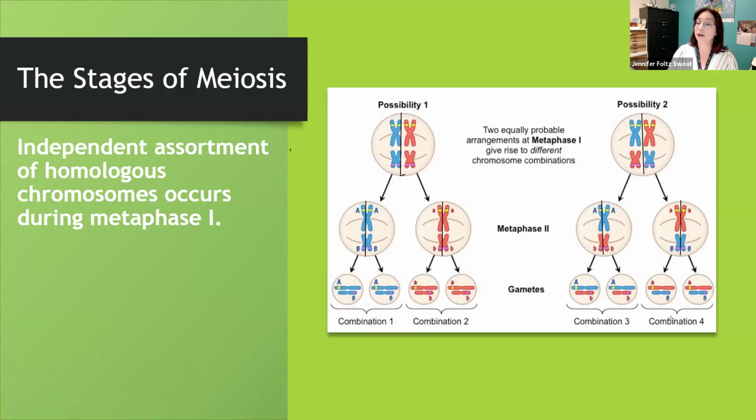But now you have a very different combination in your gametes. You have little a, big B, instead of little a, little b. So again, genetic recombination. Your gametes have a different combination of alleles than the parent cell. And they're all genetically unique.